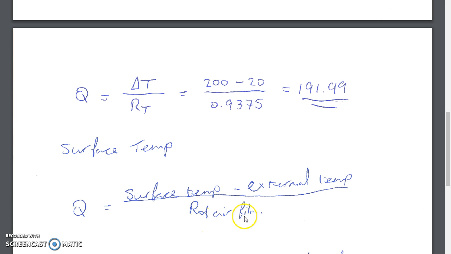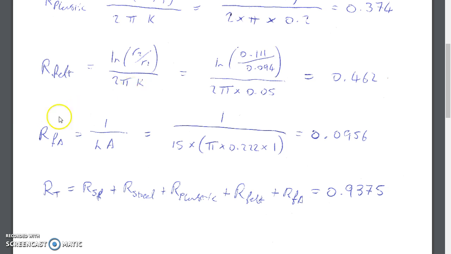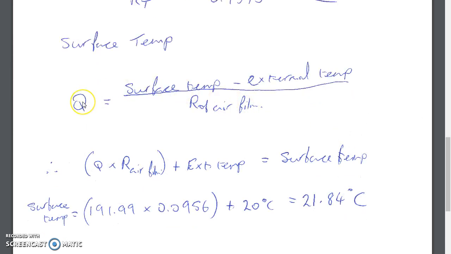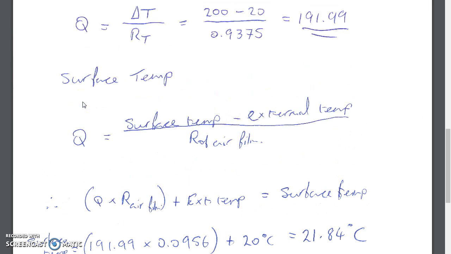The thermal resistance of the air film we calculated up here, 0.0956. And energy, we talked about that being like current, so it's 191, because current in a series circuit stays the same throughout, and energy can't disappear, so it's got to be the same throughout the whole pipe.